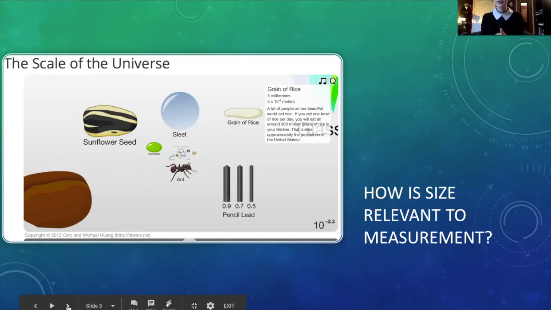Yet, as you can see from this little clip right here, the grain of rice compared to a coffee bean or a sunflower seed is quite small. Yet, if we eat a whole bowl of rice per day, you will eat 300 million grains of rice in your lifetime. Crazy to even think of. Let's move on to the next one.